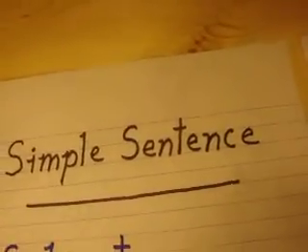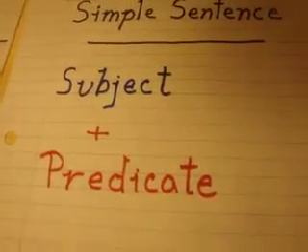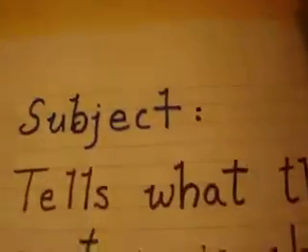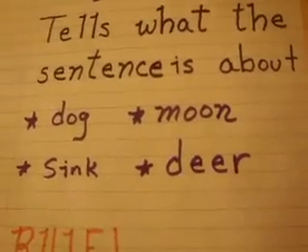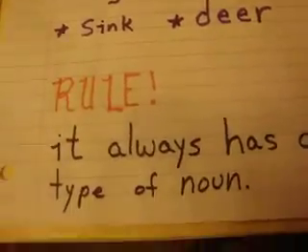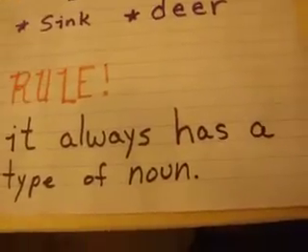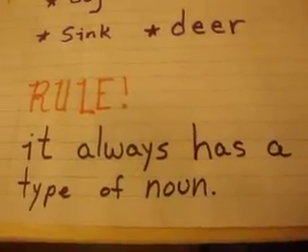A simple sentence has a subject and a predicate. The subject tells what the sentence is about. Dog, moon, sink, deer. Here is a rule. It always has a type of noun. In other words, a noun or a pronoun.